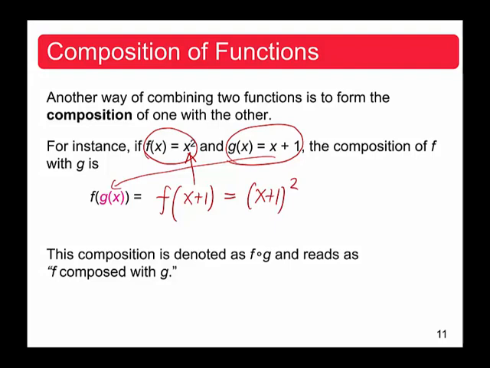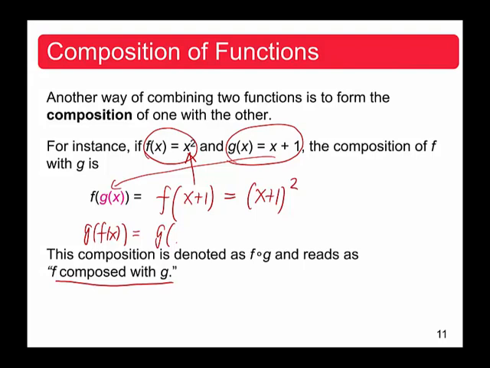And you can write it as f composed with g, right? f with a little circle in between g, read as f composed with g. And we can also do g composed f. So g of f of x. Okay. g composed f. Function g is the main function.